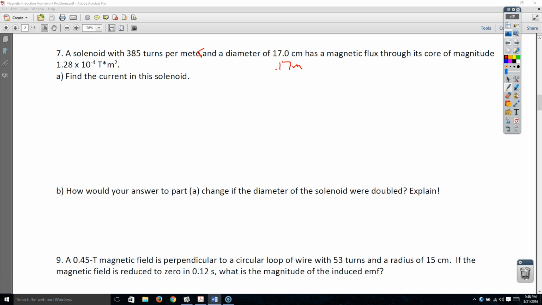Okay, and so what we've got to do here is we do have B, which is equal to the flux divided by the area.